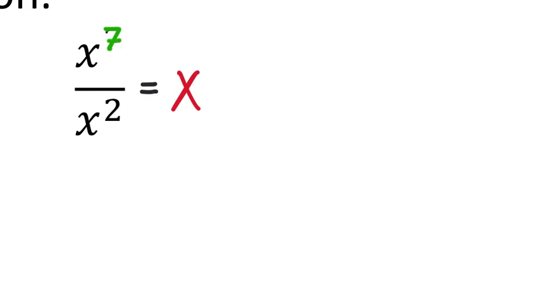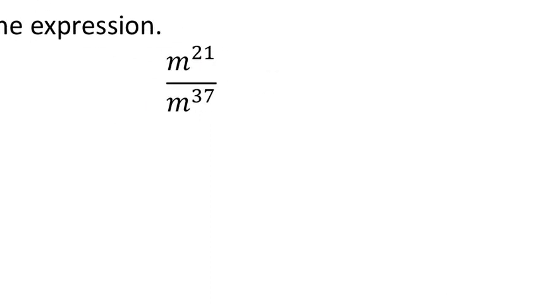I'm going to take the exponent of the numerator, 7, and then the exponent of the denominator, 2. And since the bases are being divided, I need to subtract the exponents. So I end up with x to the power of 7 minus 2, which is 5. X to the power 5, that would be our simplified form of the original expression.